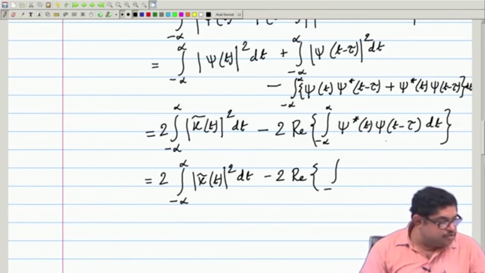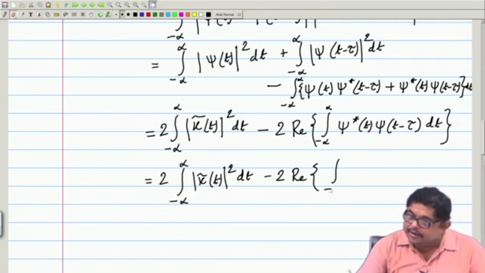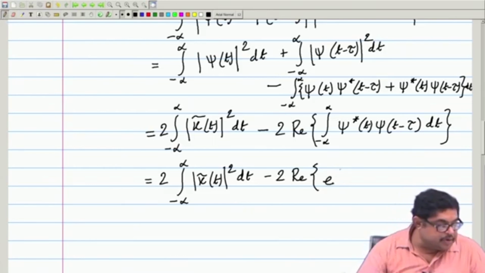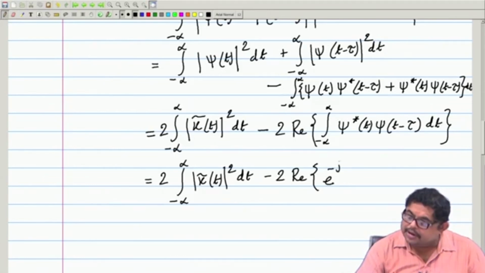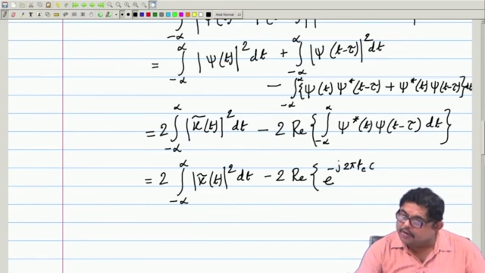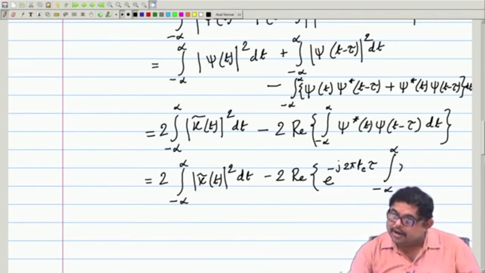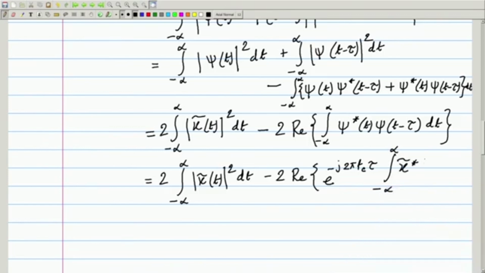Actually, if you do it, there will be a phase term coming, just simple mathematics: e to the power minus j 2 pi f c tau, then the integral will come. You can simply do this, because we have the expression, you put it in and you can get x star t, x t minus tau dt. Okay.